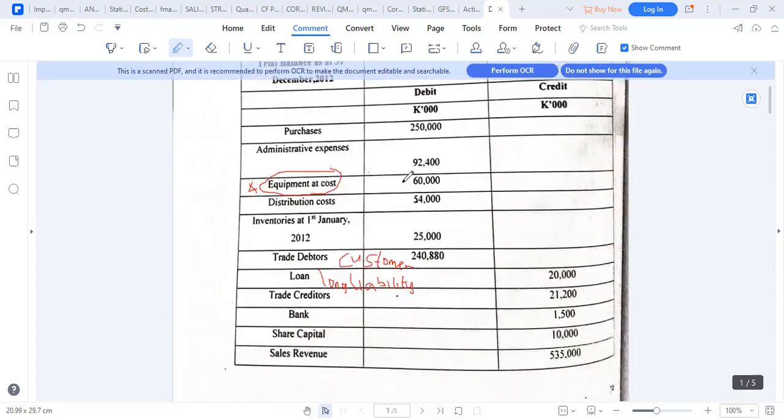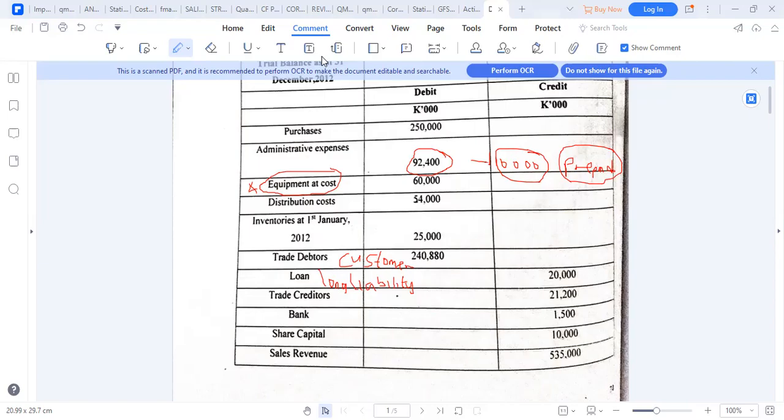That is the way to go for the admin expenses. Now, admin expenses, we have 92,400. That is how much was paid. But within this amount, there was an overpayment of 10,000 kwacha, which was a prepayment. So you have to remove it because it was an overpayment for the next accounting period. The 10,000 should go to the next accounting period. So the adjustment concerning admin expenses will be as follows.